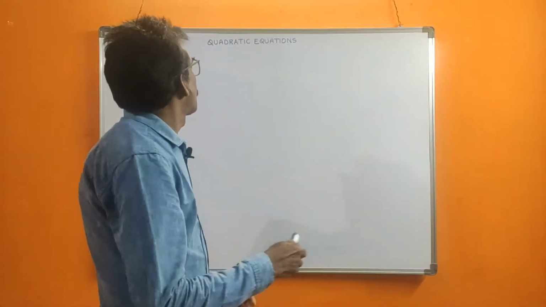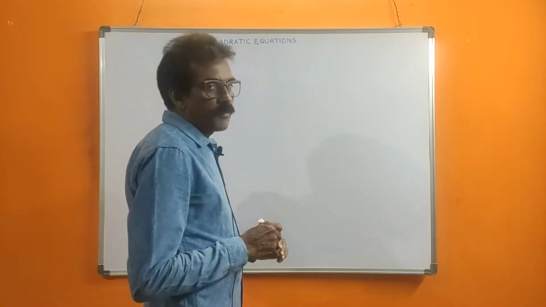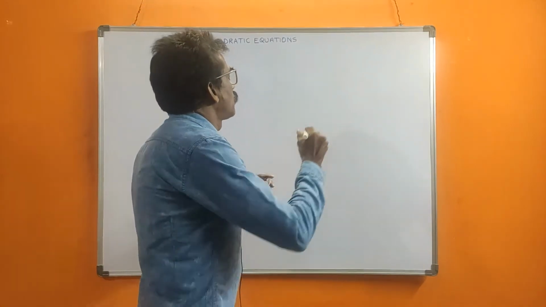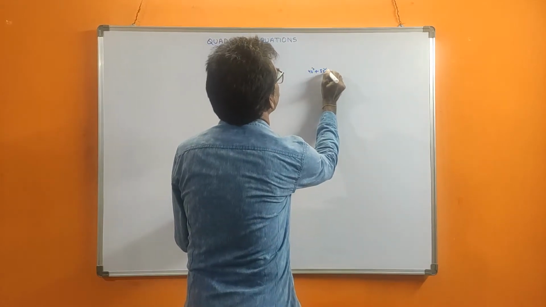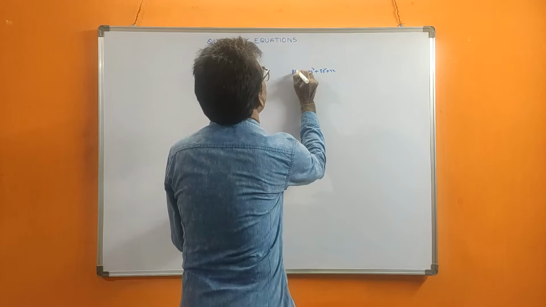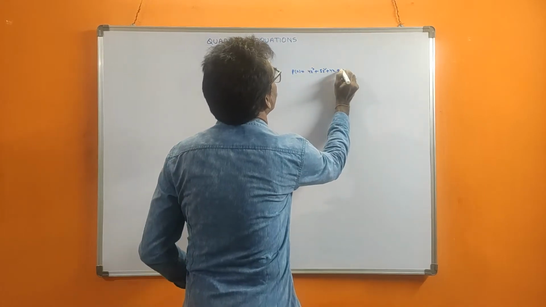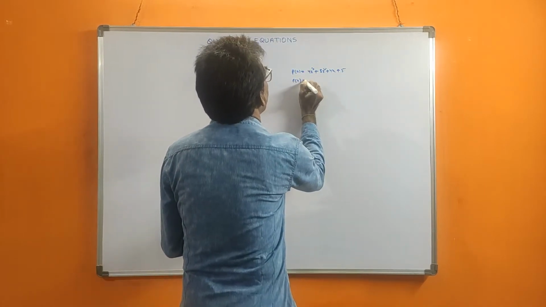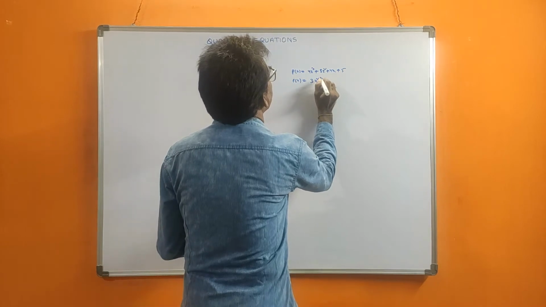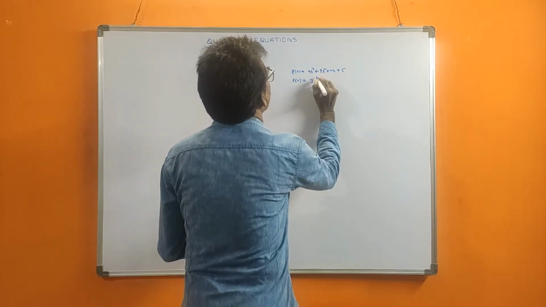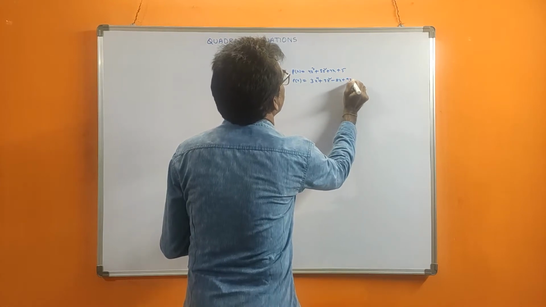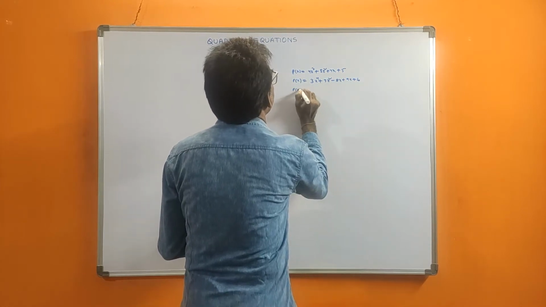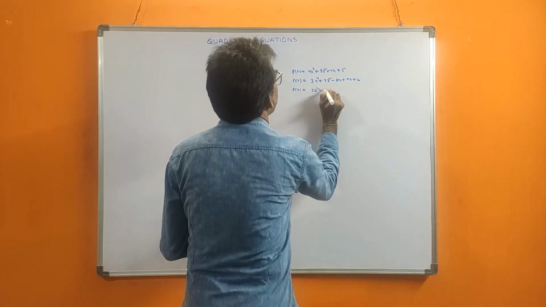Now, see here, first of all, what is meant by a quadratic equation. Suppose P of x is equal to 3x to the power 4 plus 3x square minus 8x plus 6, and P of x is equal to 3x square minus 6x plus 9.